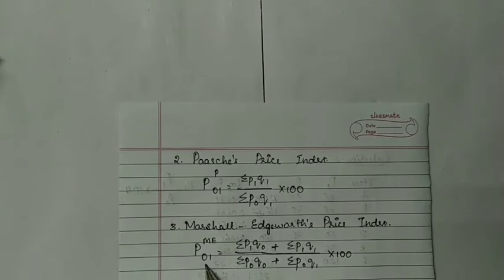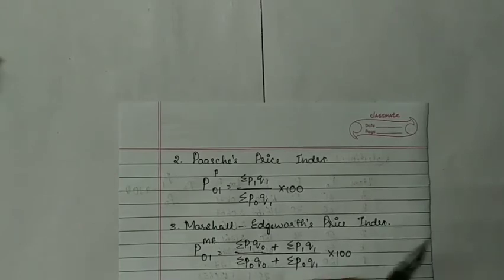P01 of ME is equal to summation of P1 Q0 plus summation P1 Q1 divided by summation P0 Q0 plus summation P0 Q1 multiplied by 100.